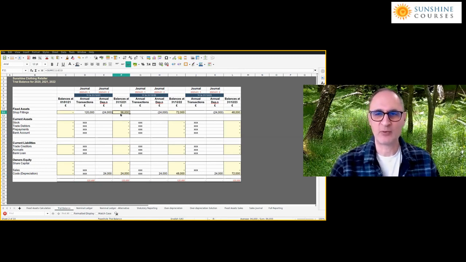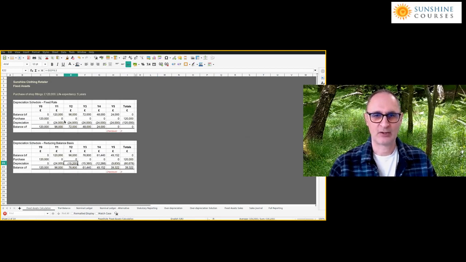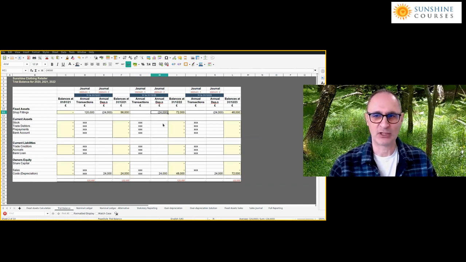In the second year, because we've got the fixed rate basis, we do exactly the same thing. We've got the £24,000, we put a journal through. Notice the audit trail. The audit trail probably takes you back to this calculation. And you'll see the second year, we apportion £24,000, same accounting journal, credit fixed assets because we're reducing the fixed assets, and we debit depreciation.